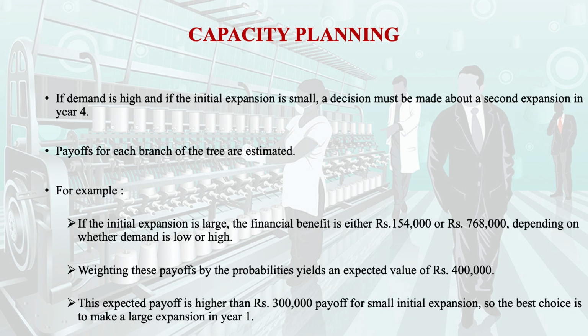Weighing these payoffs by probabilities, an expected value of 4 lakhs is coming. This expected payoff is higher than the rupees 3 lakhs payoff for a small initial expansion. So the best choice is to make a larger expansion in year 1.